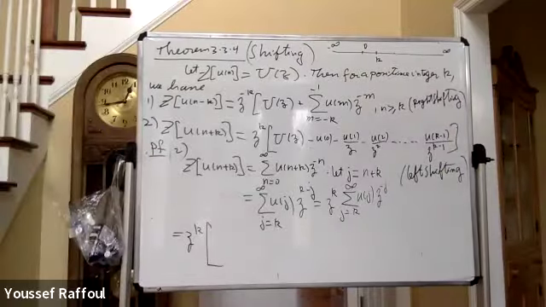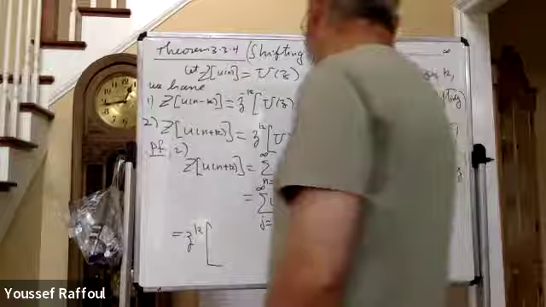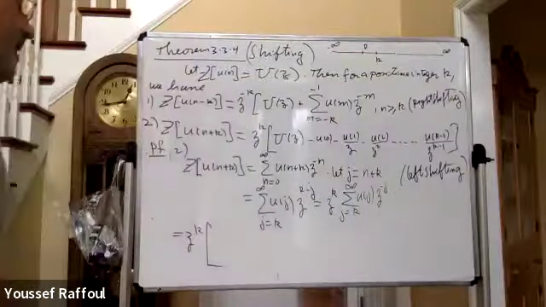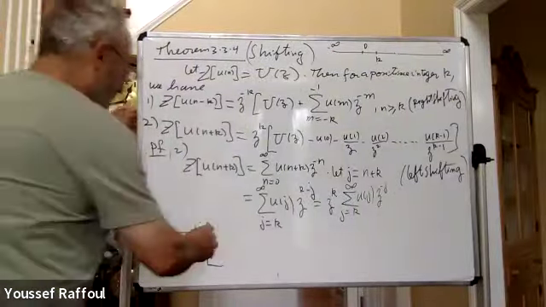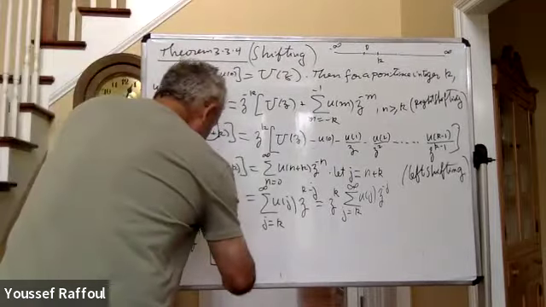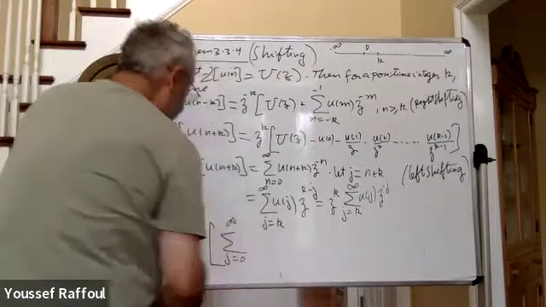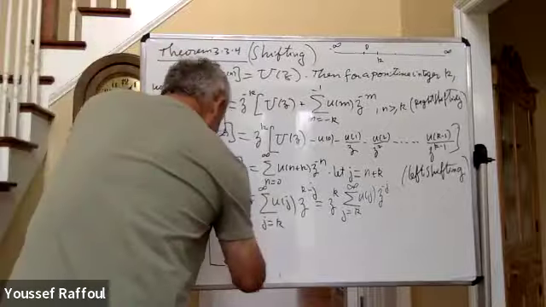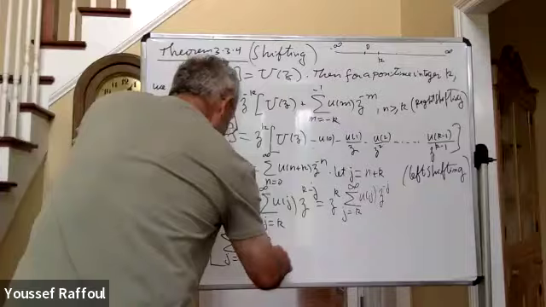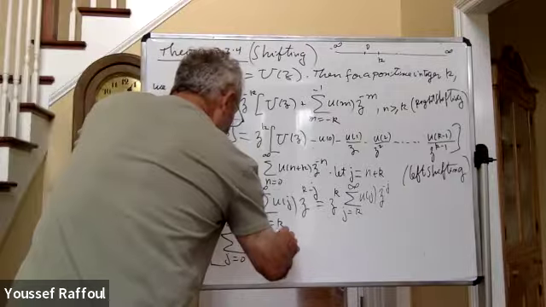Okay. So you have U(z), U(z) means I need from 0 to infinity. So this is the sum j equals 0 to infinity of u_j z^(-j).